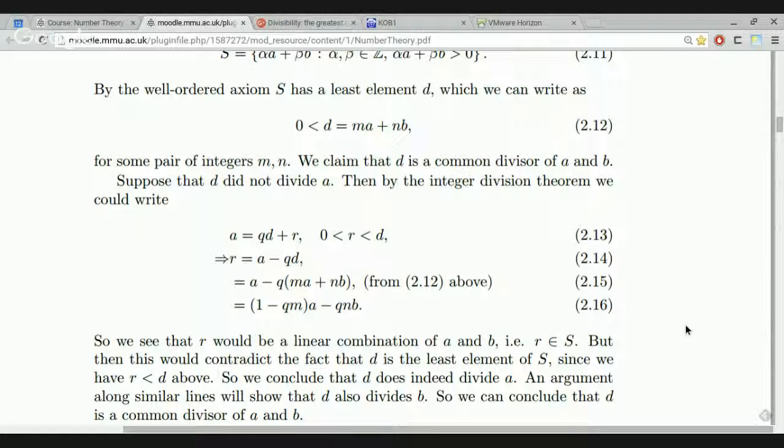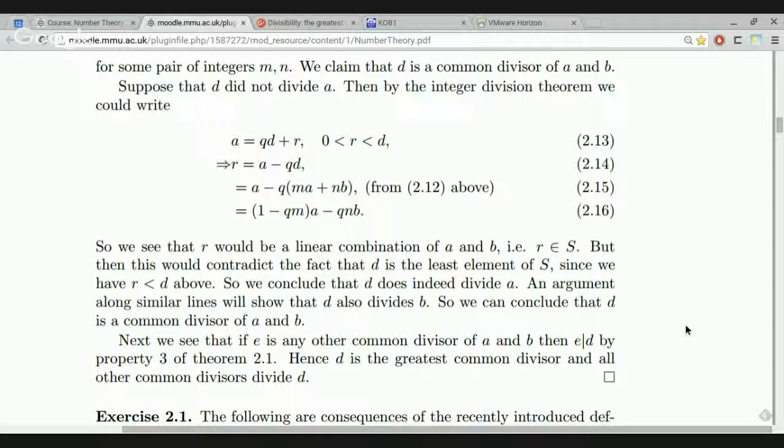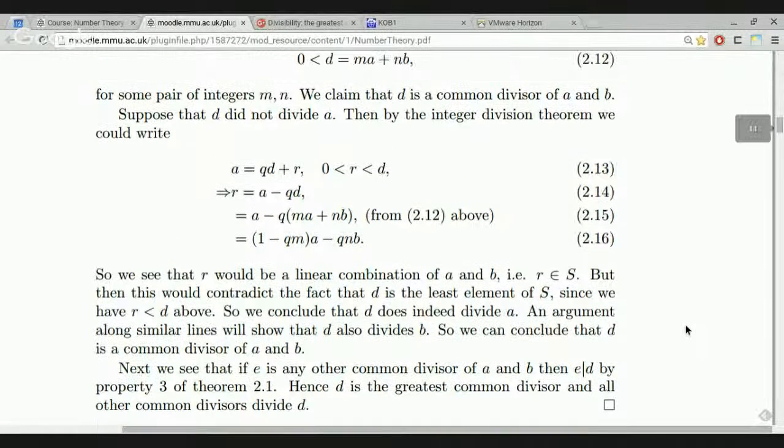Then you can run exactly the same argument focusing on B. If D does not divide B, again you get a contradiction. So D must divide A and it must divide B, so that means it's a common divisor. And then to get that it's the greatest common divisor, we're using the linear combinations result about divisibility from theorem 2.1.